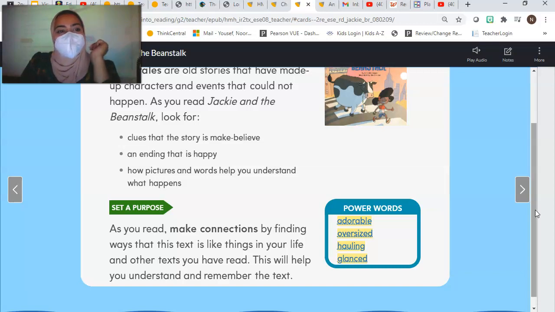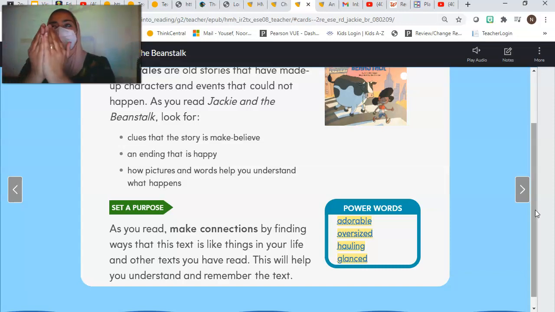So remember at the beginning of the year we talked about connections? We said text to self. That's when the story reminds you of something about yourself. We said text to text. That's when the story reminds you of another story. And then we have text to world.